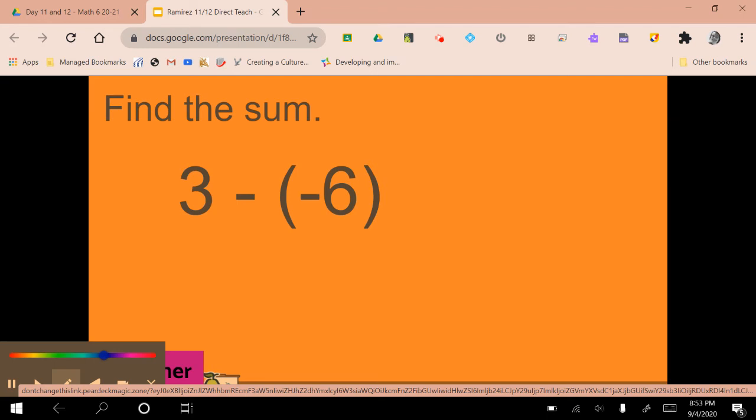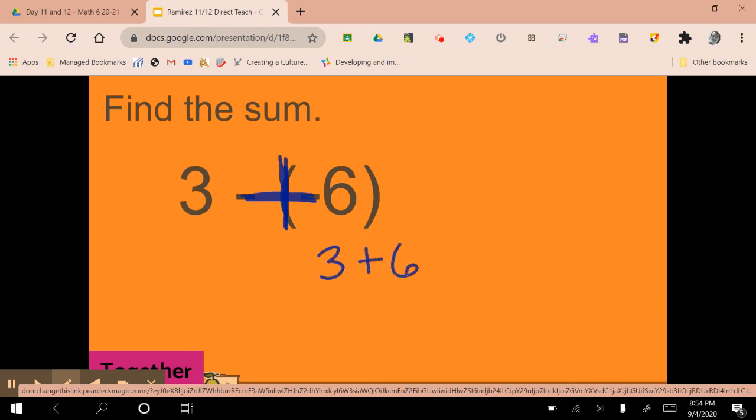Whenever you see a double negative or two minus signs next to each other, your first step is to fix it. So we're going to fix this to a big plus sign. That's what happens when you see two minus signs or two negative signs next to each other. You fix it into a plus sign. Then you solve the problem. We have 3 plus 6 if we rewrite it. And 3 plus 6 is 9. That's our final answer.